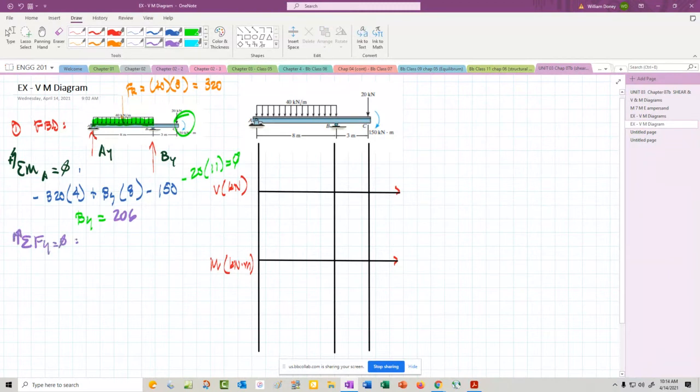And I should come out that AY is 134. And that's going to be from AY minus 320 plus BY minus 20 equals 0.